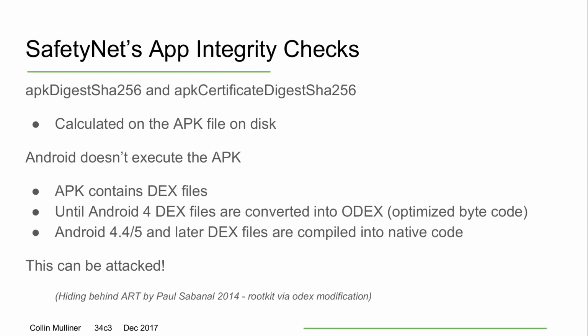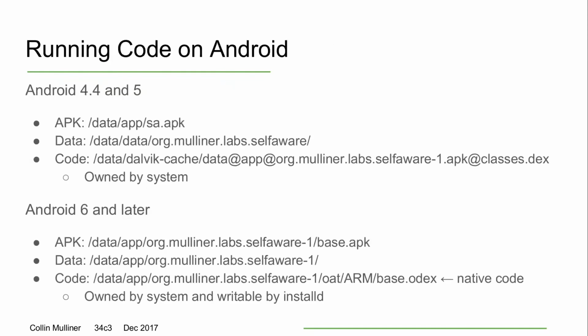And 3 years ago, there was some work done on patching ODEX files. So this problem of calculating digests on one file but executing another file can obviously be attacked.